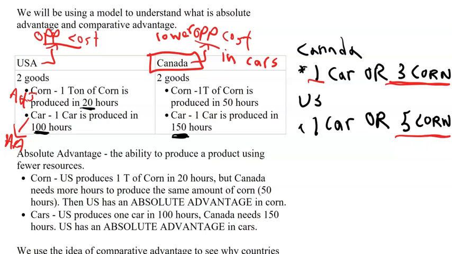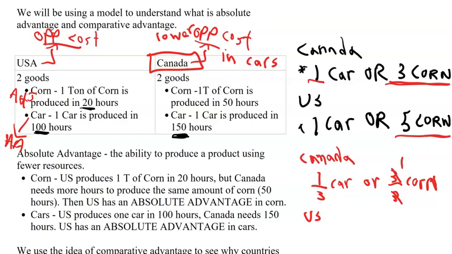Now, what about corn? If I want to see what is the opportunity cost for corn, I could just do 1/3 car or 3/3 corn. So I just flipped the number. So 1 corn would be 1/3 of a car. So if I give up 1 corn, I get 1/3 of a car. In the US, it is going to be 1/5 of a car or 1 corn.